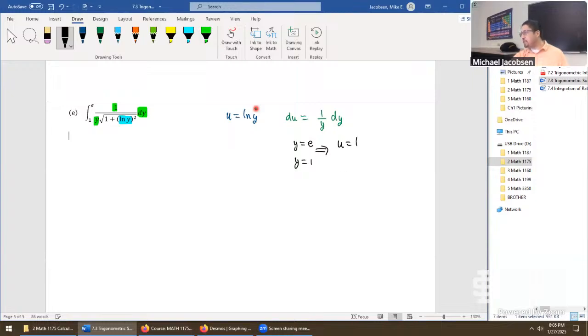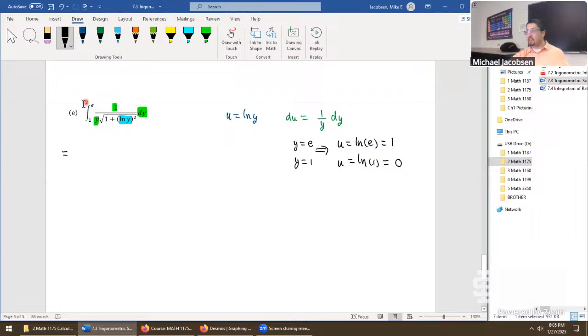U is going to become natural log e. Down below, u becomes natural log of 1. And these become just fast values that come up a lot on these kinds of problems. Any logarithm of 1 is 0. How about this one? Anyone spot the value for natural log of e? Good call. This one is exactly 1. So that's nice. We've got new limits of integration.